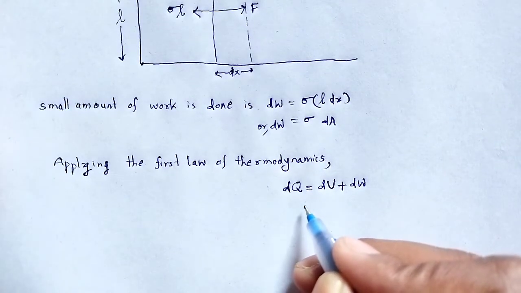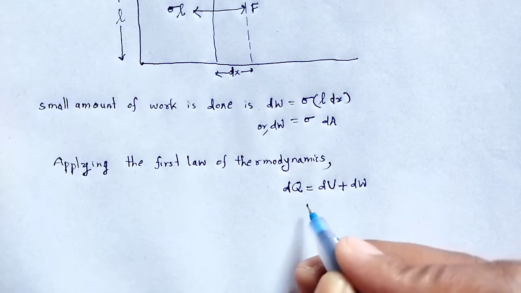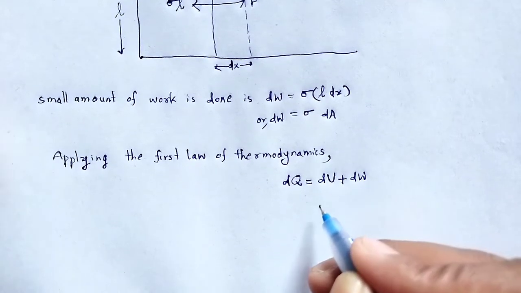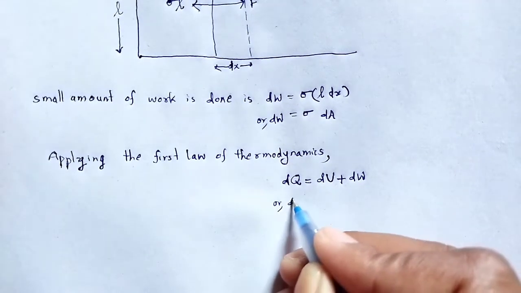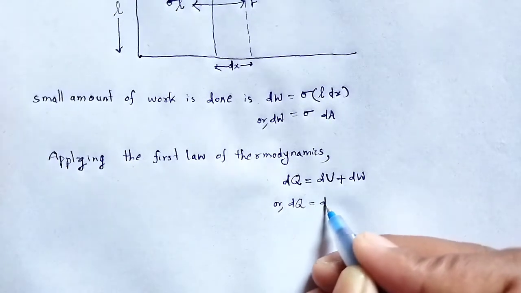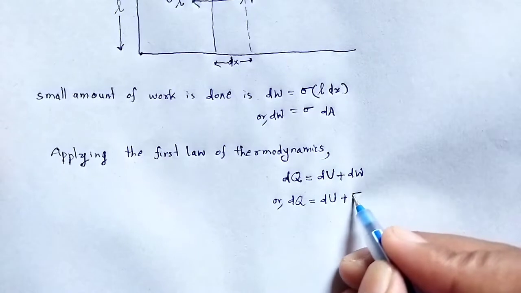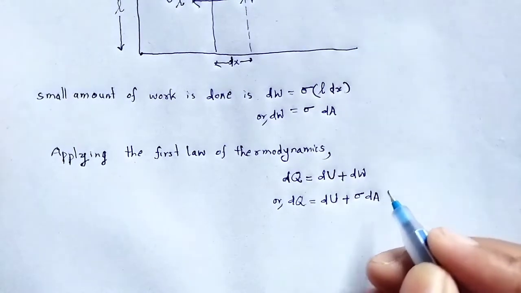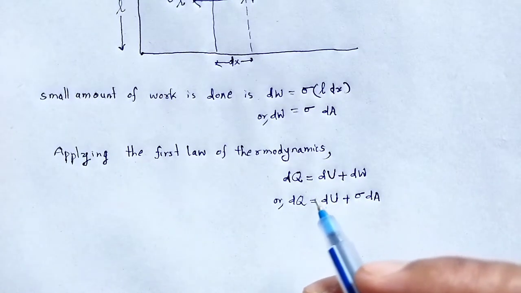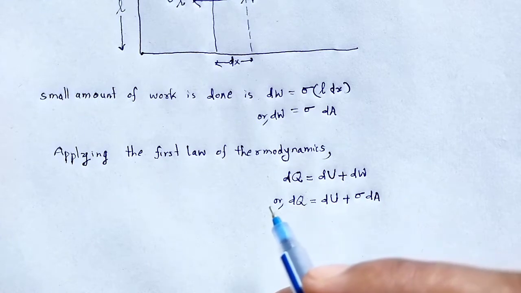In place of dW, we write sigma dA, so dq is equal to du plus sigma dA, where dq is the small change in total heat.